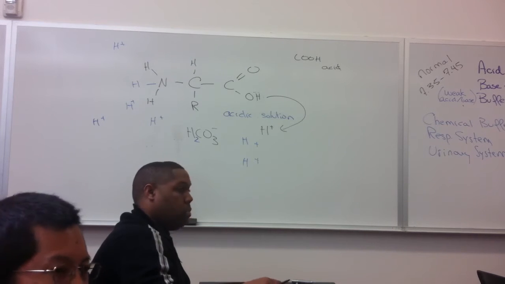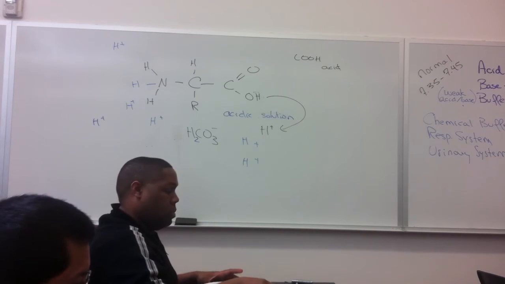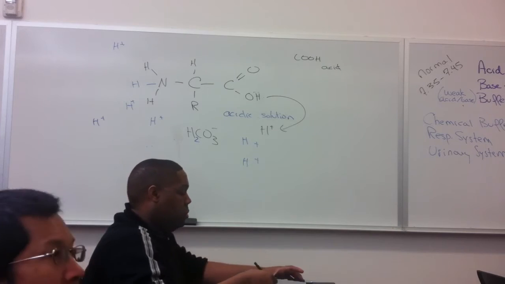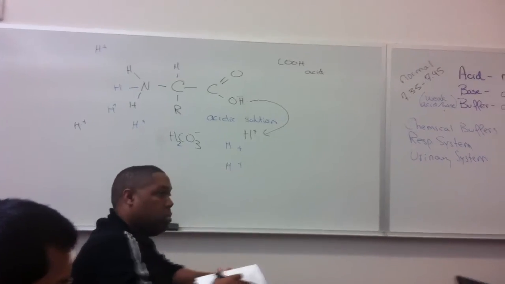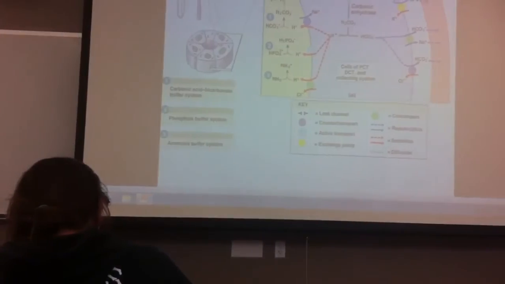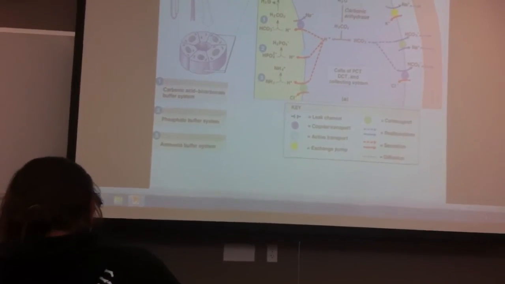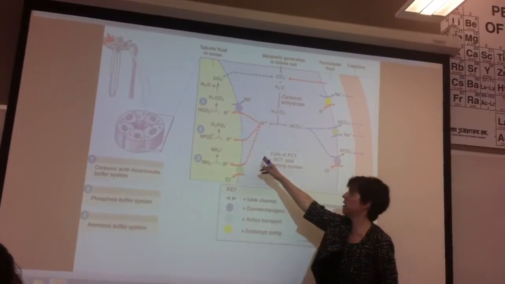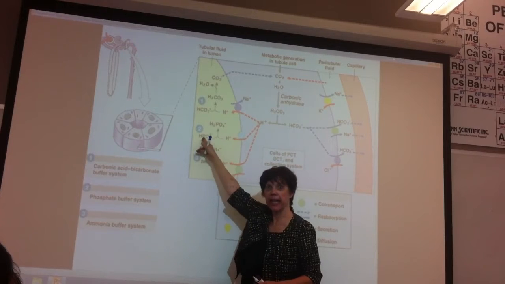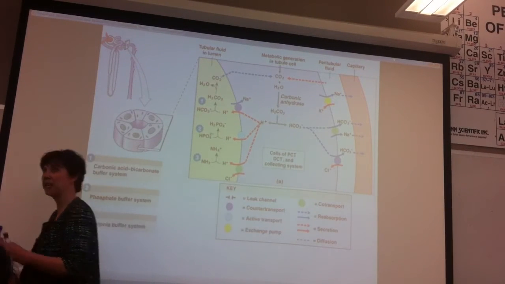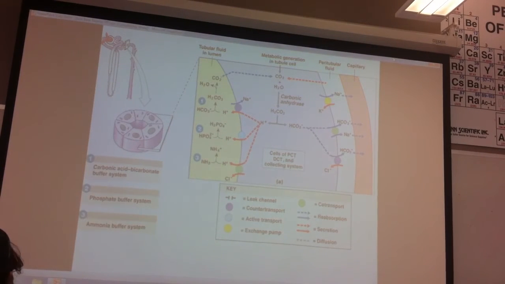So phosphate is also a buffer, and as I indicated, it's a very strong buffer in cells, but here we're seeing it functioning as a buffer in solution, in the urinary solution. Okay.